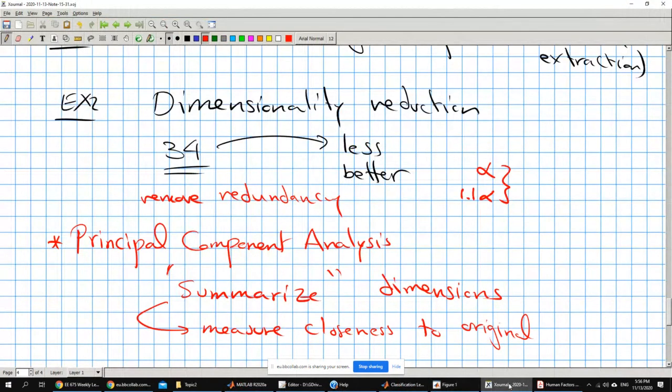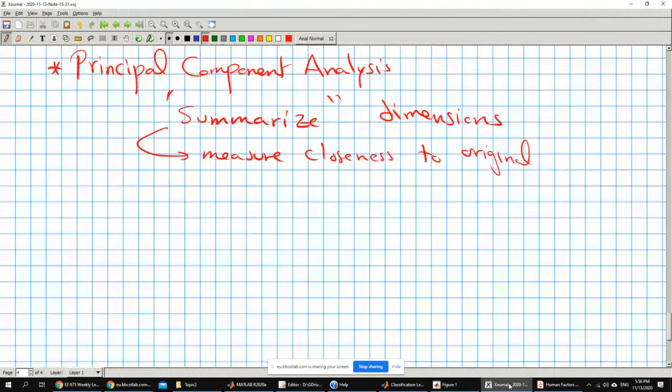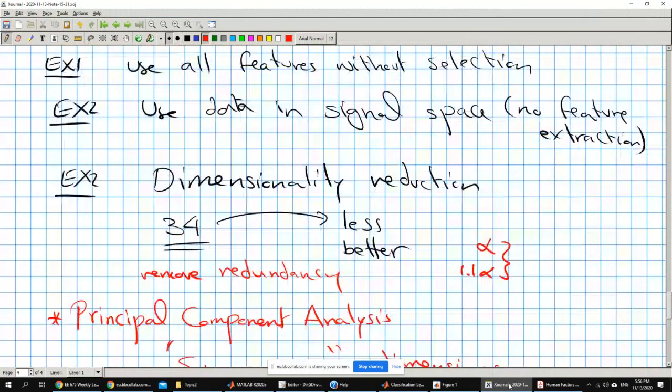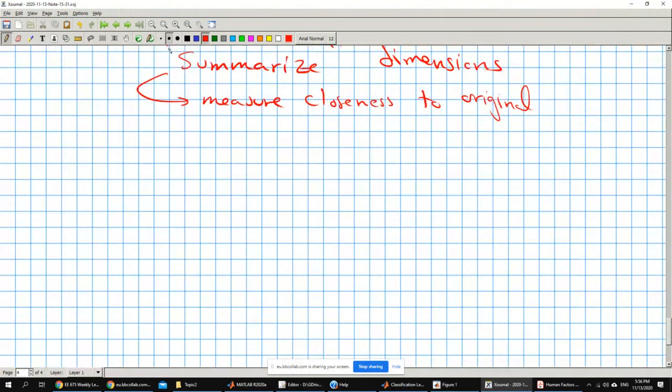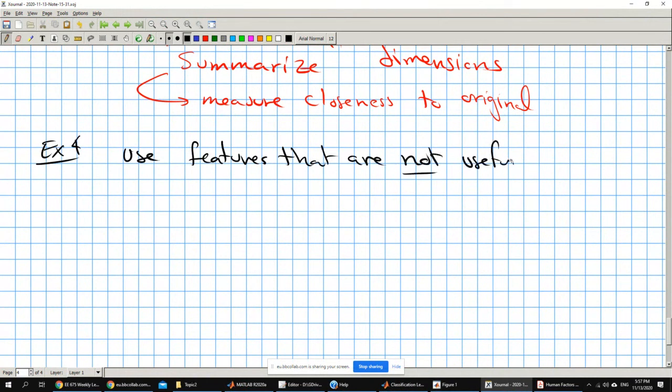So let's now run this one. This is experiment 3 here. Experiment 4: use only features that are not useful, and see what happens.